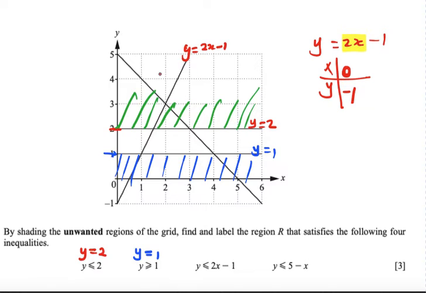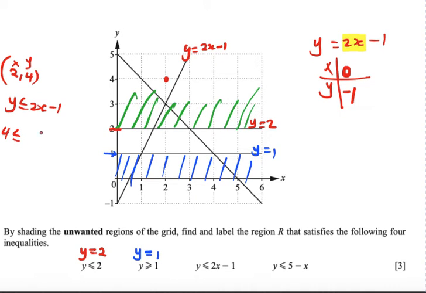It has two regions. Let's start by picking a pair here. This pair is 2 and 4, so this is x and this is y. We are going to put it in this inequality to see if it satisfies. So y is 4, and is the right hand side greater?